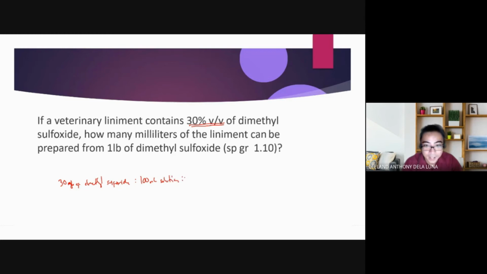Ngayon, class, dahil naka 1 pound ito, I need to convert it first, right? I need to convert this first into ml kasi ang expression natin is volume per volume.